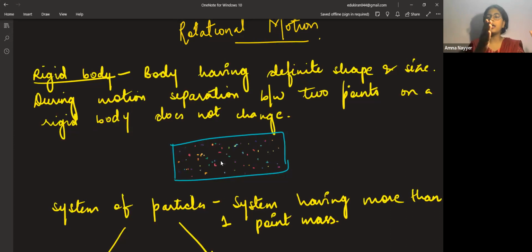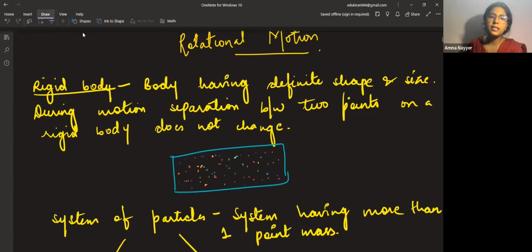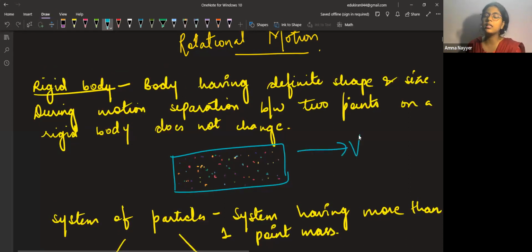So when the body begins its motion, if I say this block is moving with certain velocity v, it means each of these individual particles is moving with its individual speed. Understood? When the entire body is moving, it's actually all the particles which are moving.